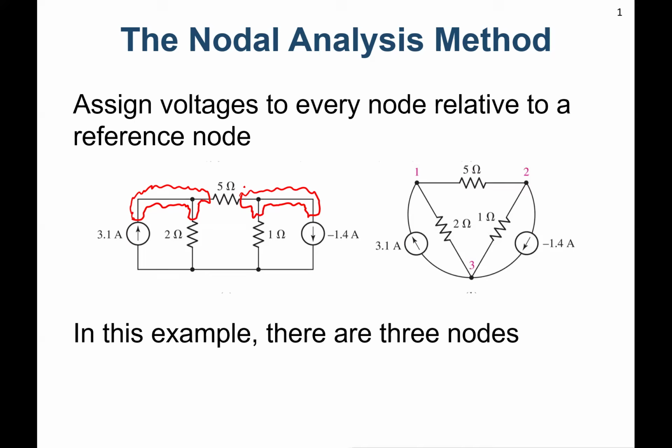And then I always want to make sure that all my common connection points are bubble clouded. And I see that I have three separate and distinct sections where I have devices I connect to. So that's three nodes.